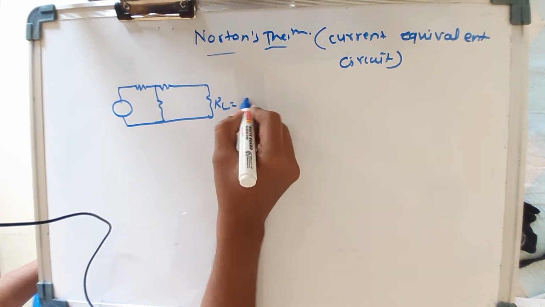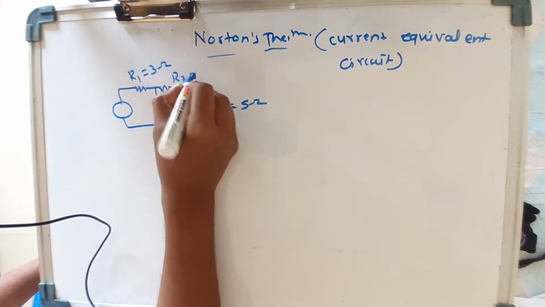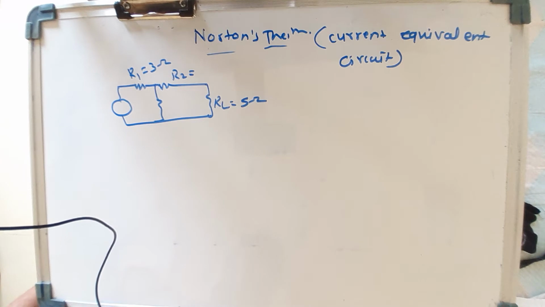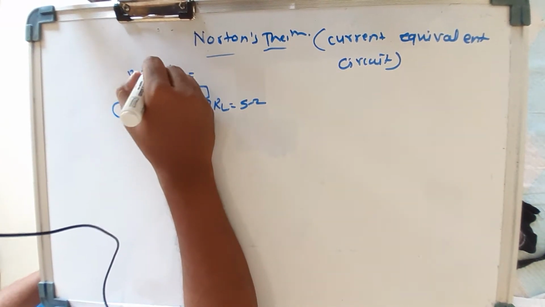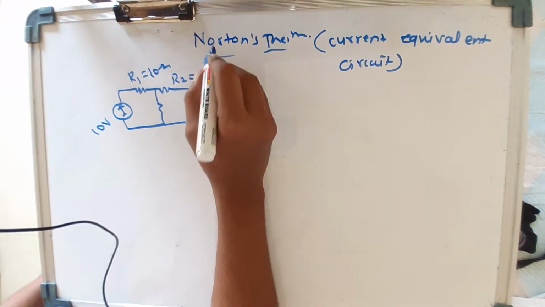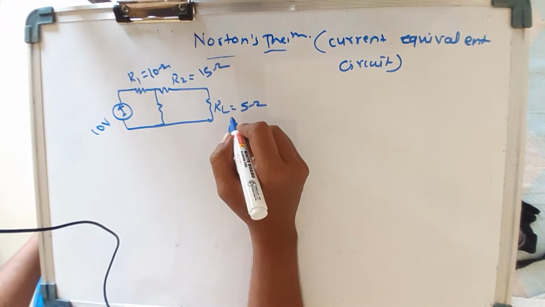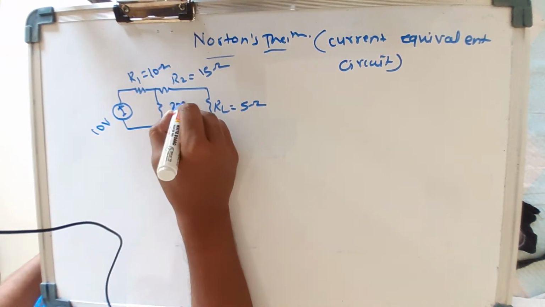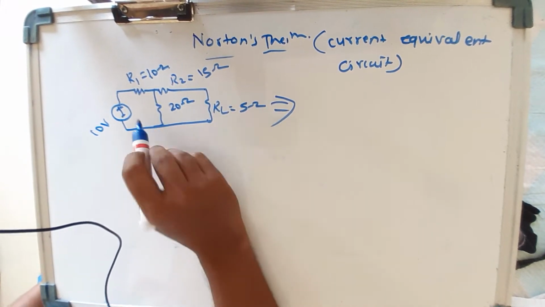Here we take 10 ohm, plus minus 10 volts, R2 equal to 15 ohm, RL equal to 5 ohm, and I will take this one as a 20 ohm. Okay, so for this we have to convert into Norton's equivalent circuit.